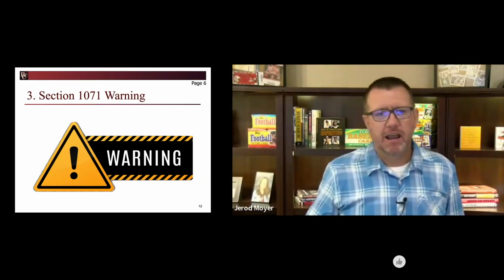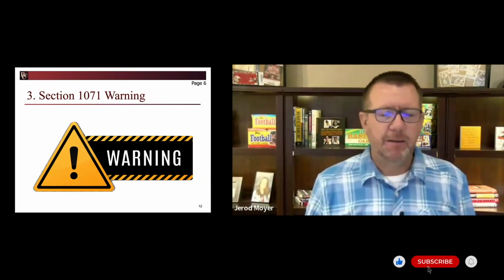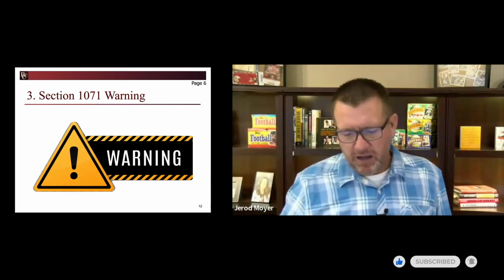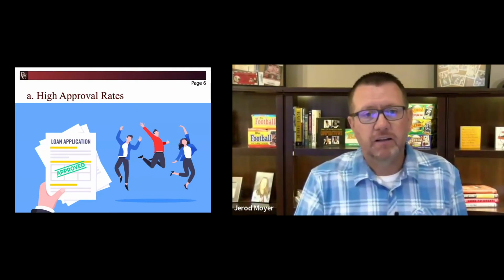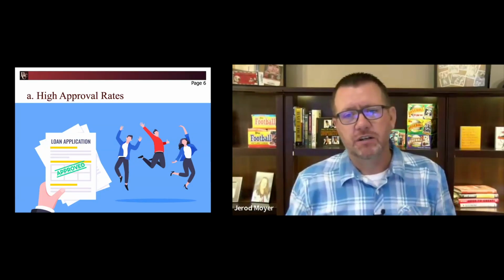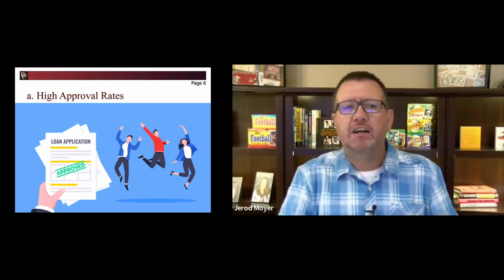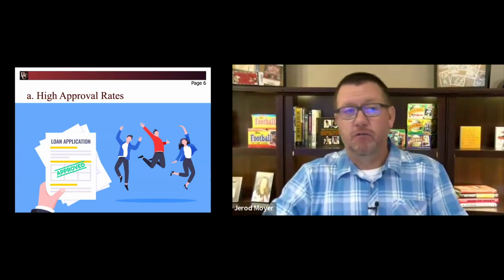Rather, they were being documented later on, and there was timing that came and went in between and was missed. What they identified first off was high approval rates, indicating that they were likely identifying applications later on than when they actually came in, because everybody gets a loan.